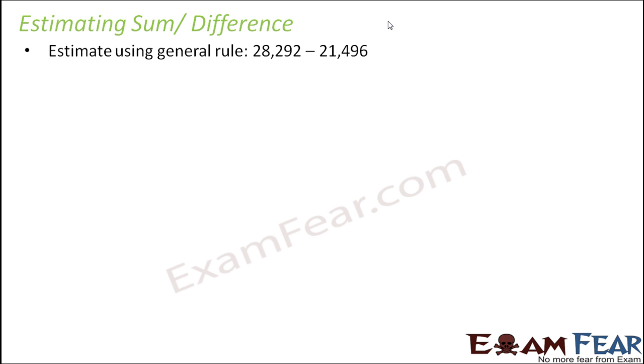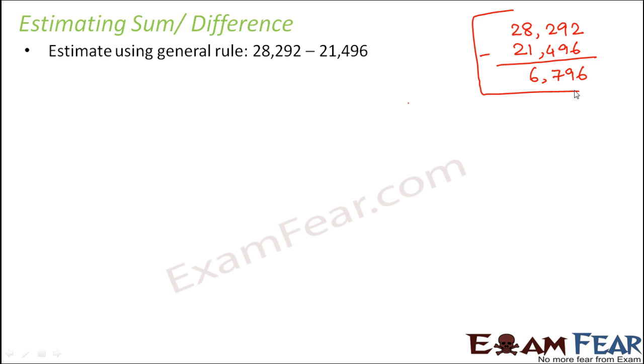Here also, even before we make an estimate, first let us calculate the real difference by our traditional method: 28,292 and 21,496. When you subtract these two, what you get is 6,796. So this is our real difference.